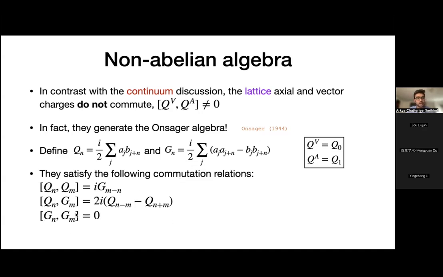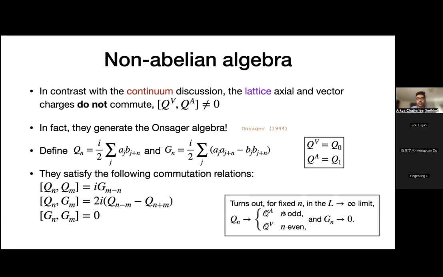So the G's all commute with each other, but the Q's among themselves and Q's and G's have this non-trivial algebraic structure. In particular, setting n equals 0 and m equals 1 in the first equation, you see that the commutator of Q0 and Q1 is some non-trivial operator. And in particular, it's not 0.